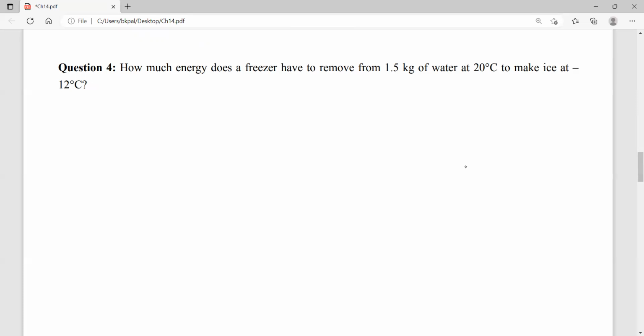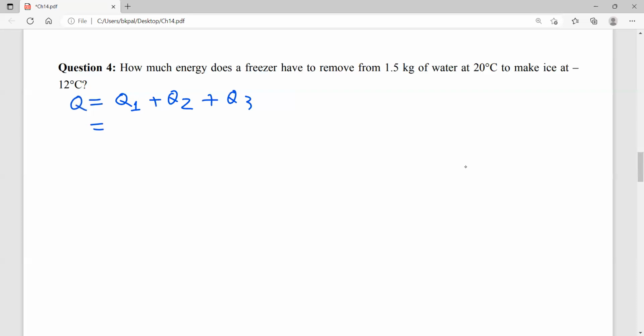The energy to remove here is equal to the total heat we need, which is basically equal to the sum of three heats, Q1, Q2, and Q3. Let me talk about them one by one.